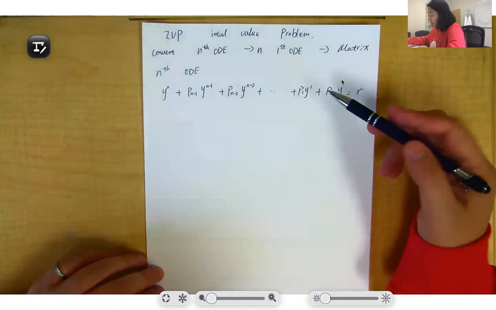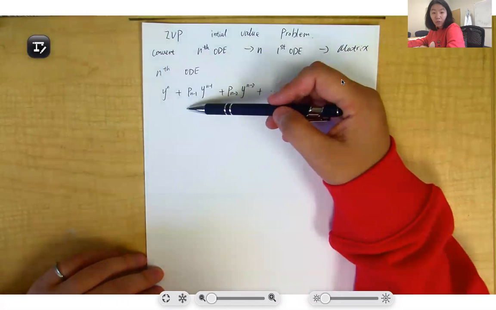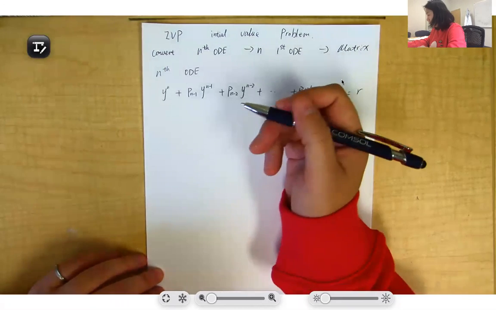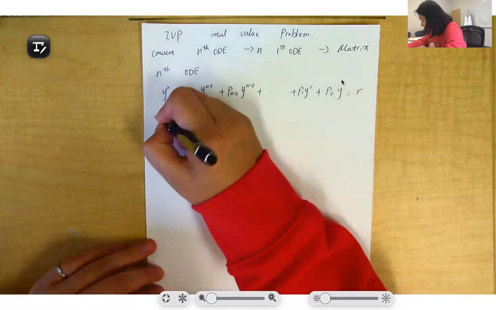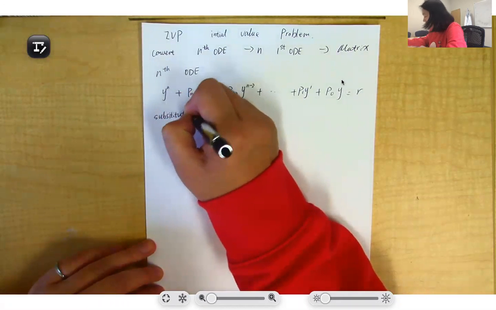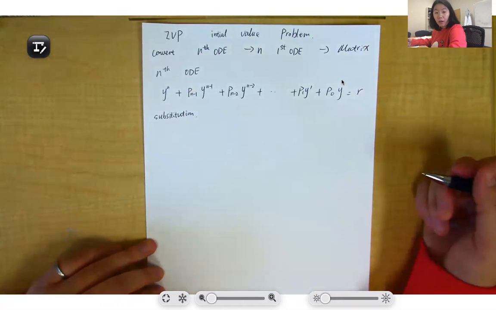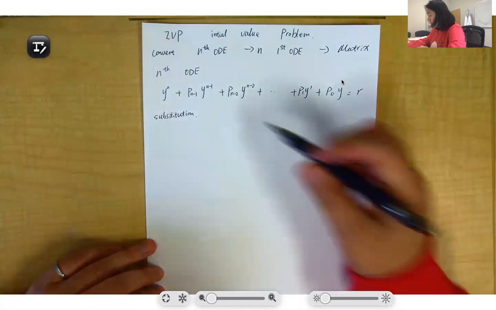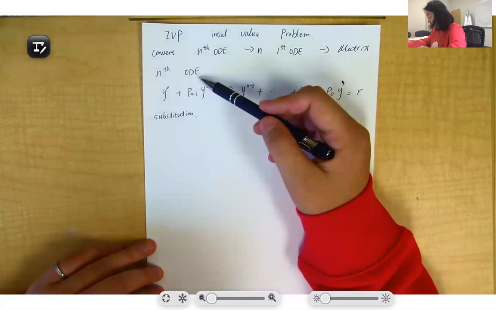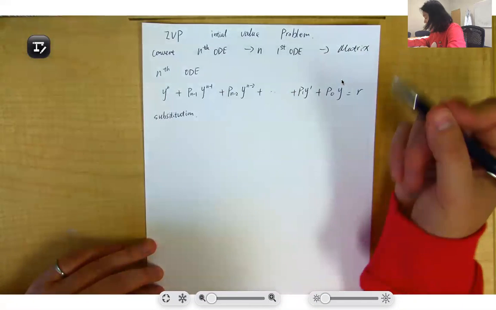How can we convert this into first order ODEs? Usually we use substitution. We use z functions to substitute the y function so that we can convert the nth order ODE into first order ODEs. How do we do that?